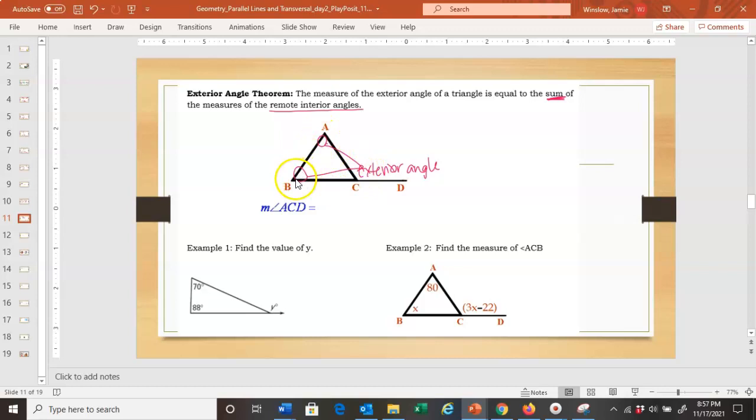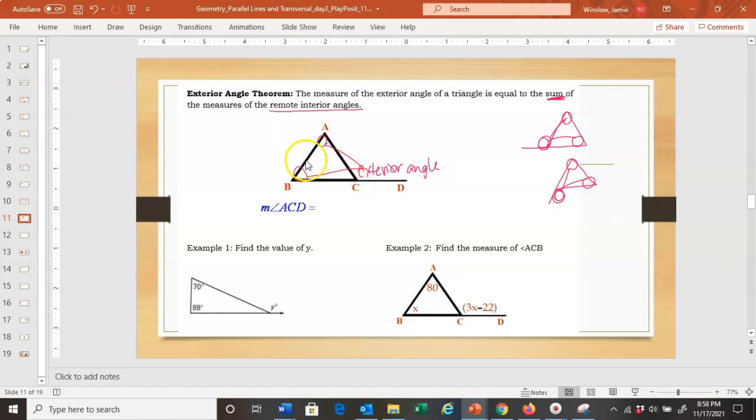So angle A and angle B in this example are called the remote interior angles. If I had a triangle drawn like this, then for this exterior angle, these are the remote interior angles. If I drew it like this, for this exterior angle, it's these two. So it's the two angles across from it, never the angle right next to it.